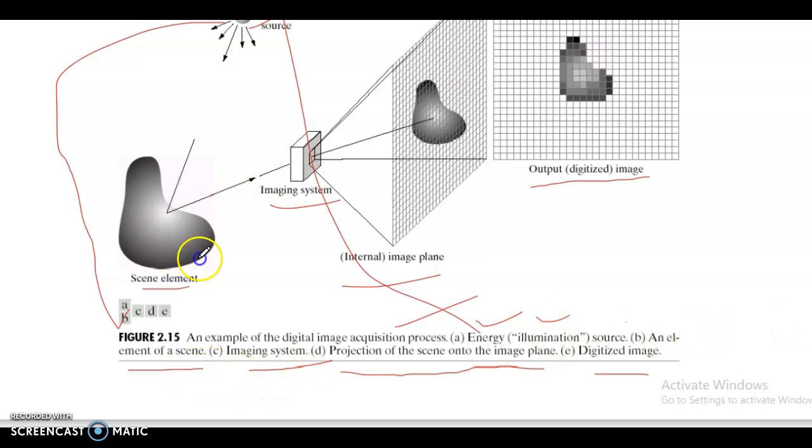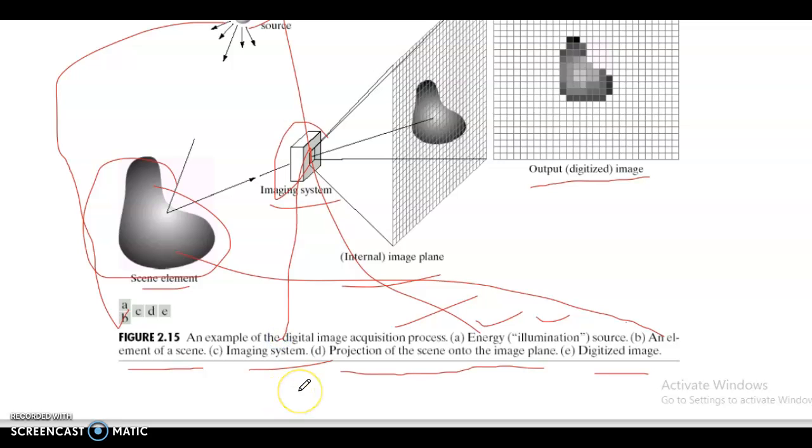C is the imaging system. D is the projection of the scene onto the image plane. And the output is the digitized image.